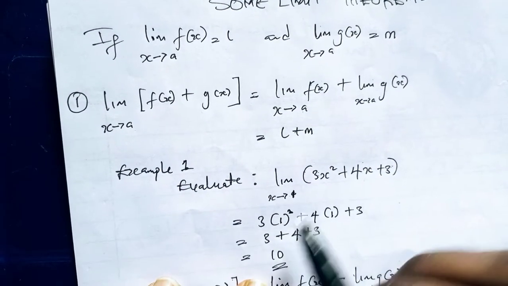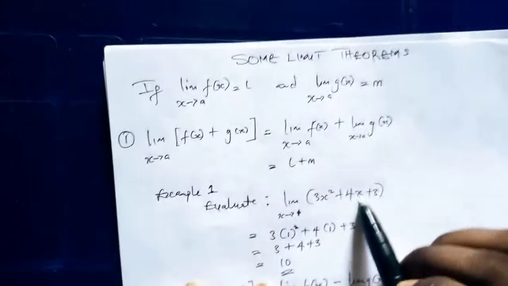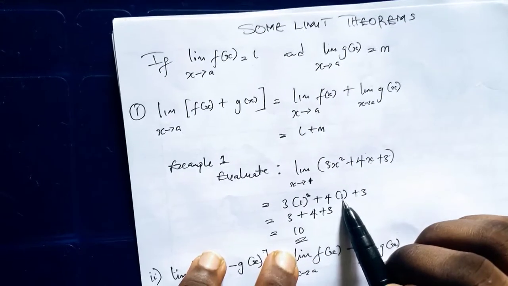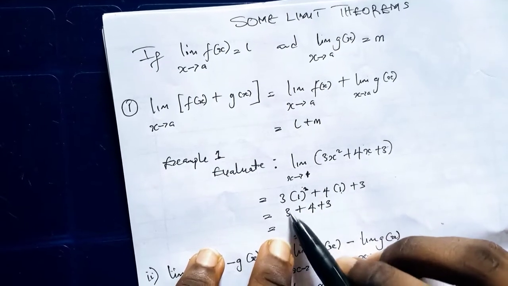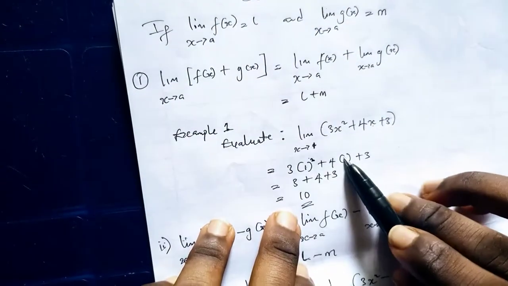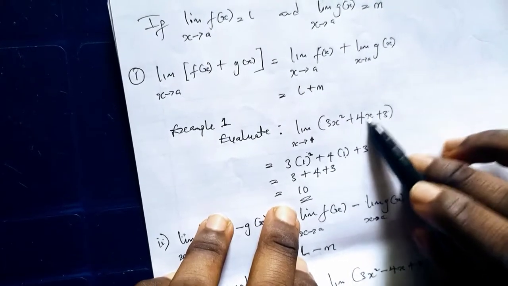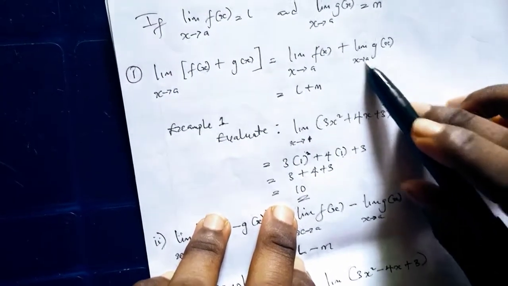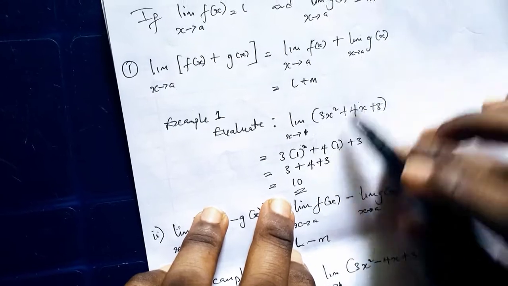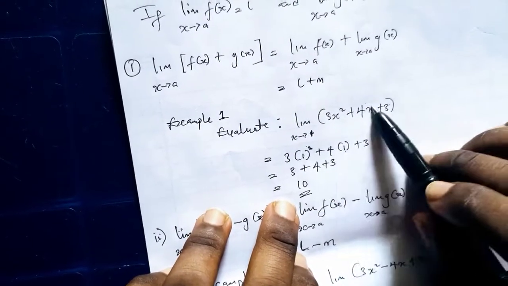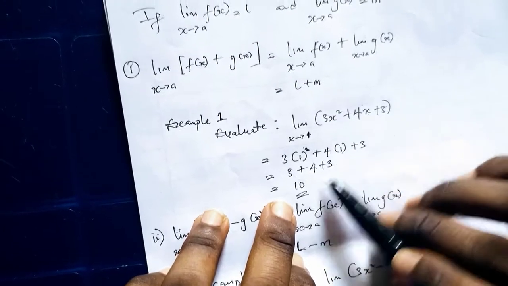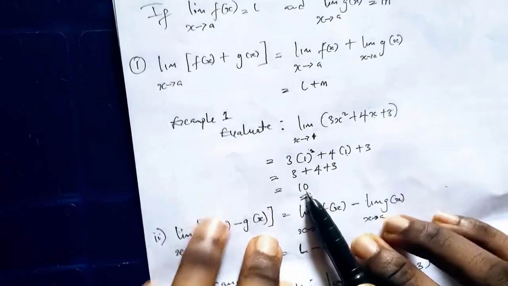So what we just do is replace our x values with 1. This is what I've done here. 1 squared, we know it is 1, multiplied by 3 gives us 3 here. Same thing we do to the limit of g of x as x approaches a, where 1 is the a in this example. So we replace our x with 1 and we solve to get 10.